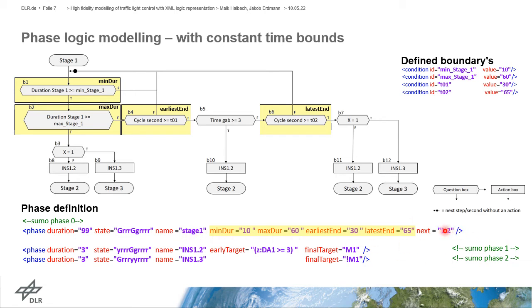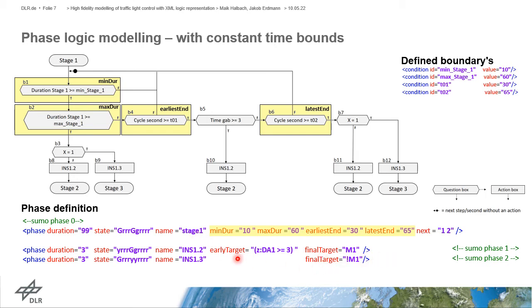So here it's possible to go in the SUMO phase 1 and 2, and so in the two different interstages here. And then the control checks the expression early target and final target of the mentioned phases next. And with this information here, the control decides in which following phase SUMO could go after stage 1.